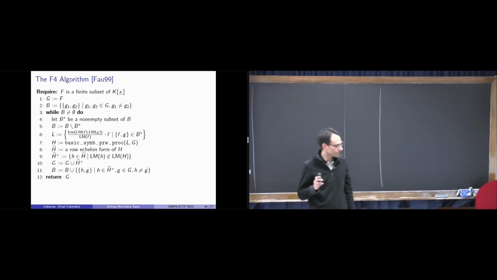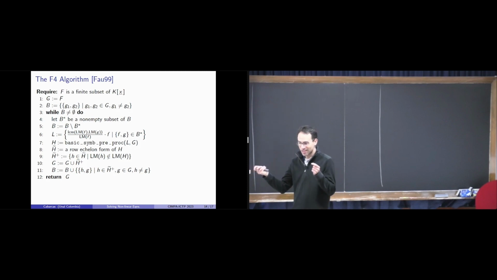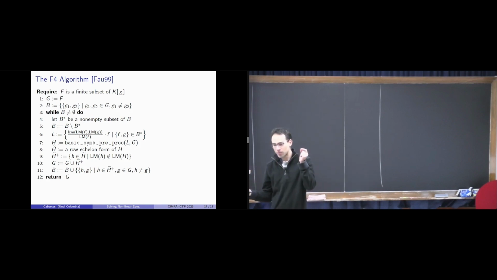Now what I'm going to do is prove that this F4 algorithm works, that it computes a Groebner basis. The intuition is as follows. Every S polynomial eventually is going to be in the linear span of H. When you row reduce the matrix, the remainder is going to be in the span.